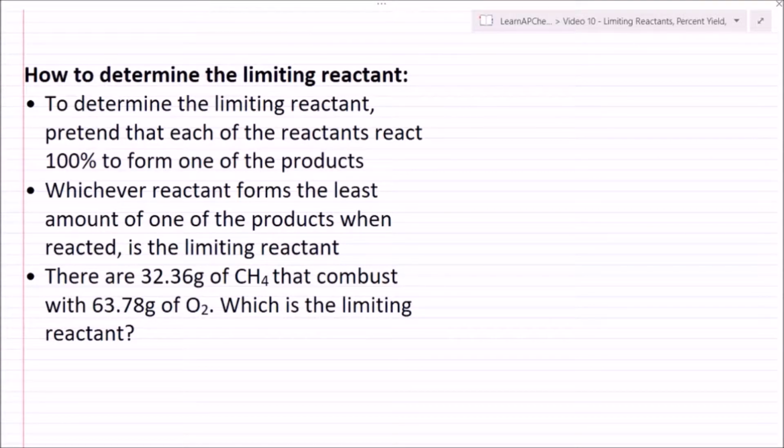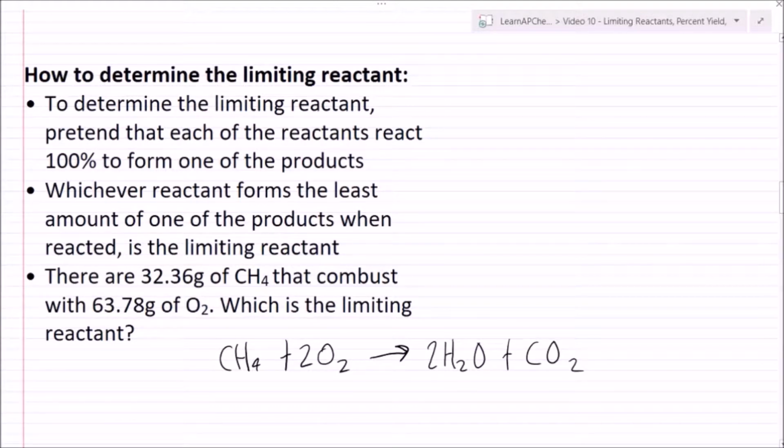So taking this example right here, I have methane combining with oxygen, or combusting, to produce water and carbon dioxide. So here, I'm going to pretend that each of my reactants react 100% to form one of the products. And you just pick one.